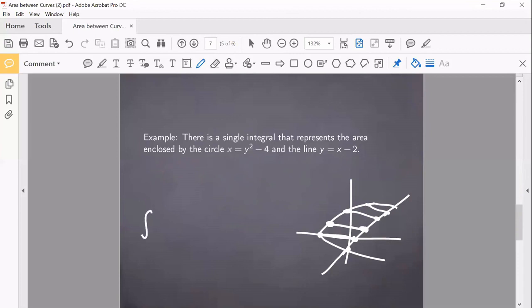So we want to have the line to the right, but remember it does have to be in terms of y. So here we'll have to solve for y: x is equal to y plus 2. So we have our line on the right, that's the larger function, minus the curve on the left, which is already expressed in terms of y. This is our parabola. So we have the line minus the parabola.